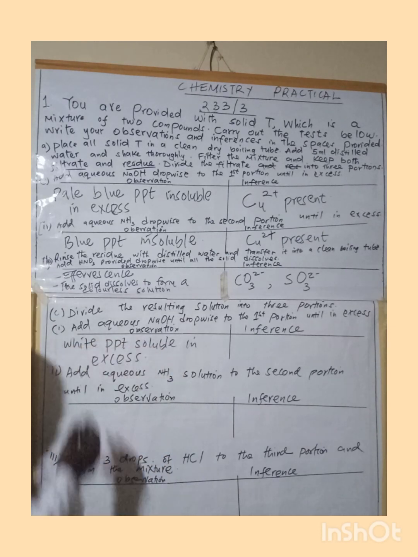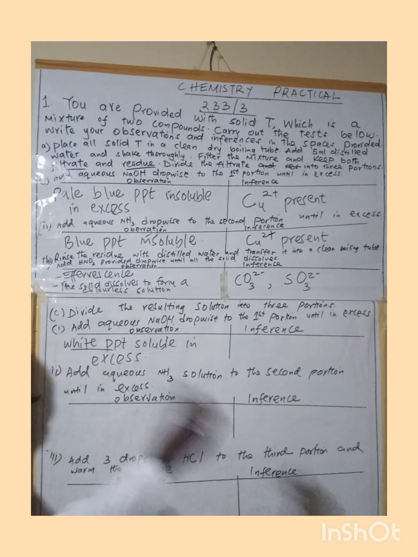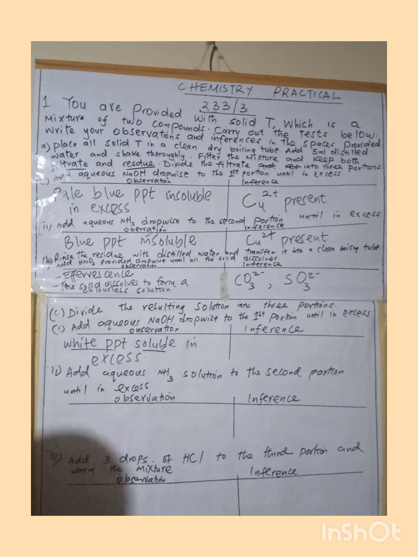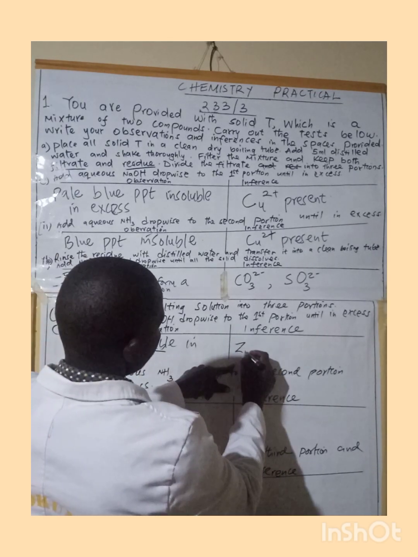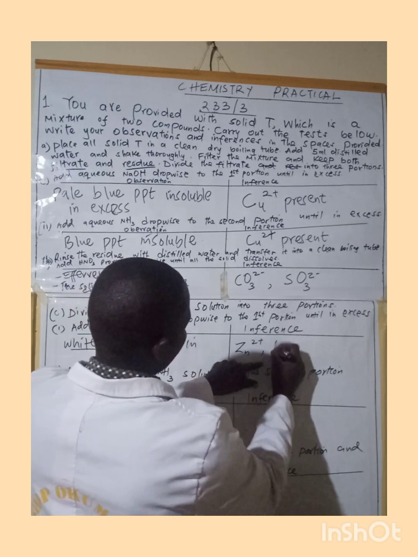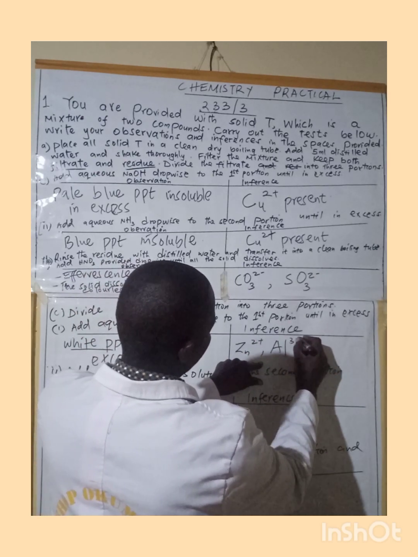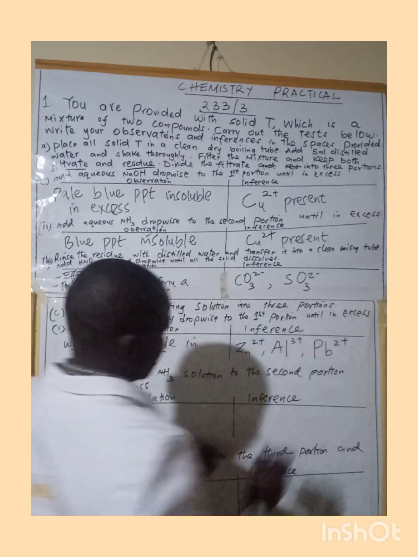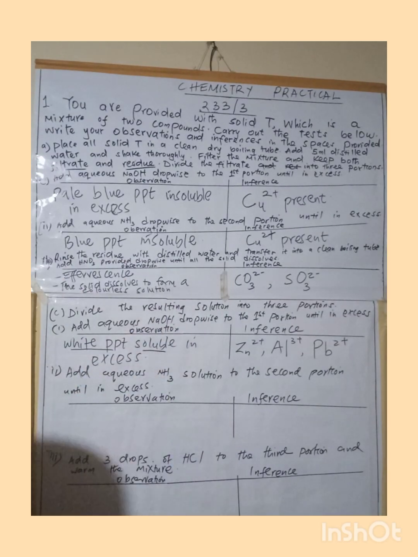That is what was seen. So white precipitate in excess was soluble. So if that is the case, we mention the ZAP, that is zinc, aluminium, or lead ions present. That is what we call the ZAP.